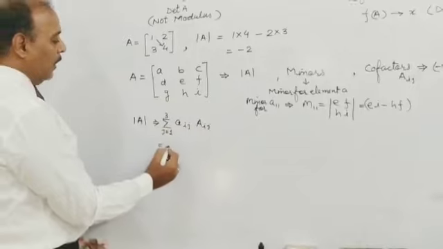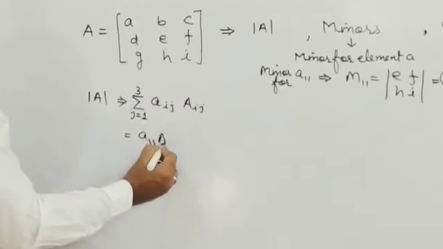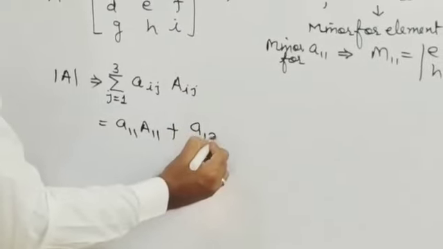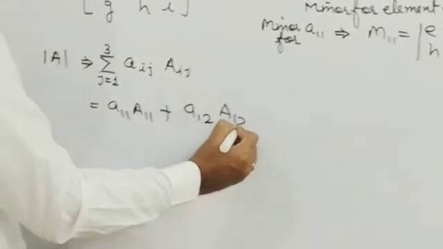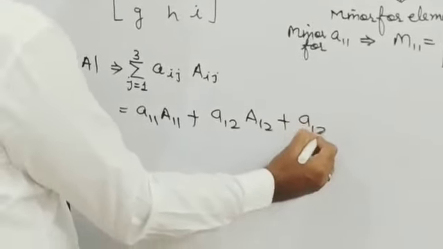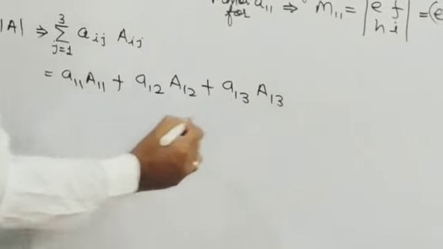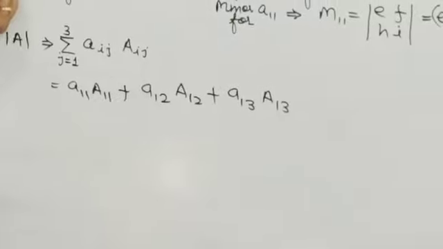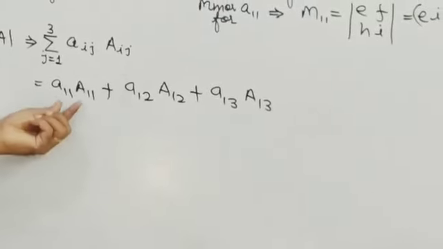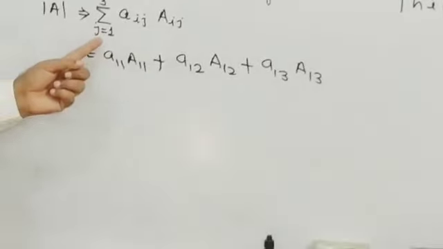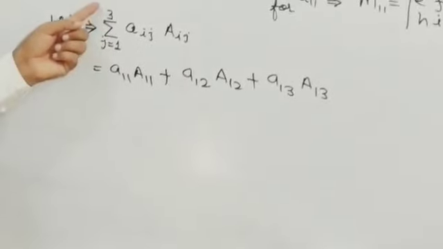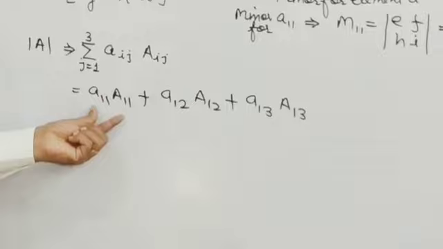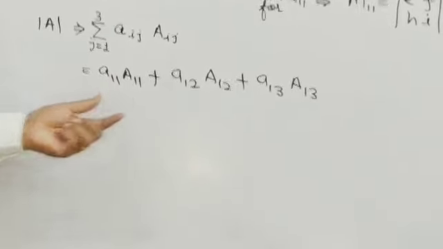If I am taking 1, then I am getting a11 A11 plus a12 A12 plus a13 A13. This is the value of the determinant of 3 cross 3 order. For j I am putting 1, 2 and 3 here, and I have taken i as the constant 1.